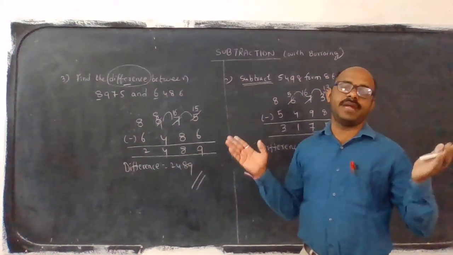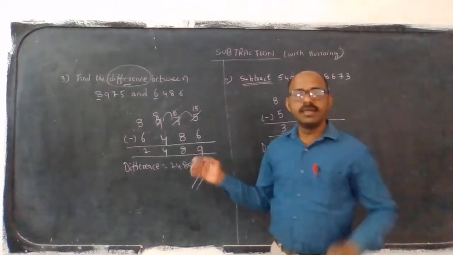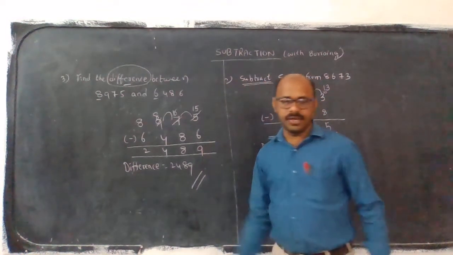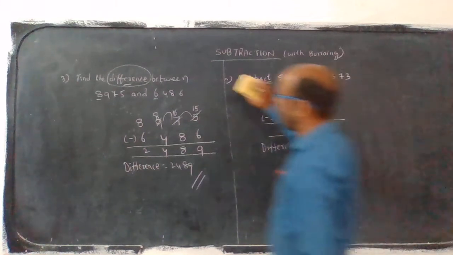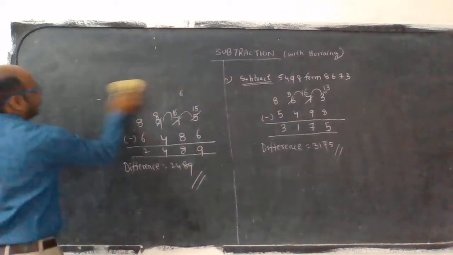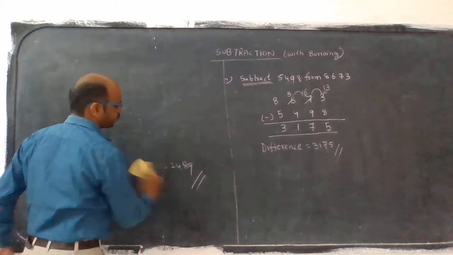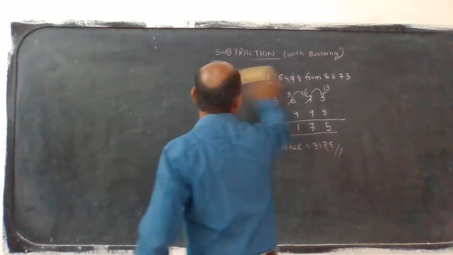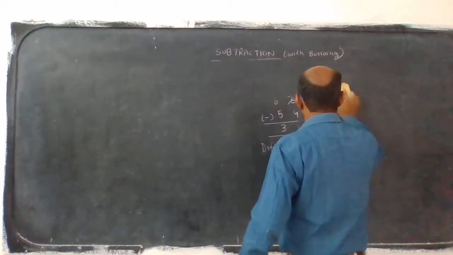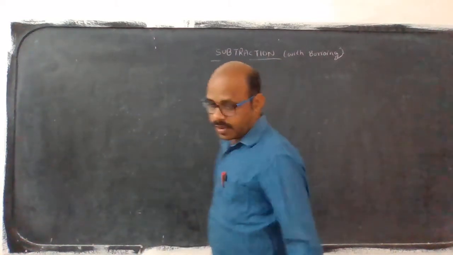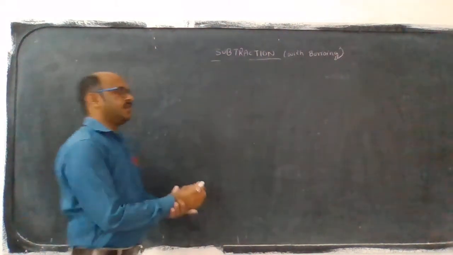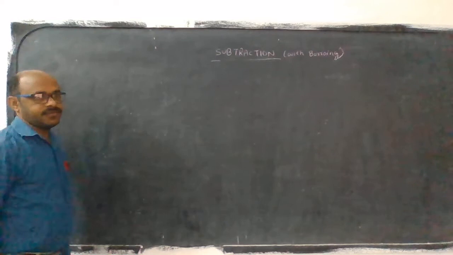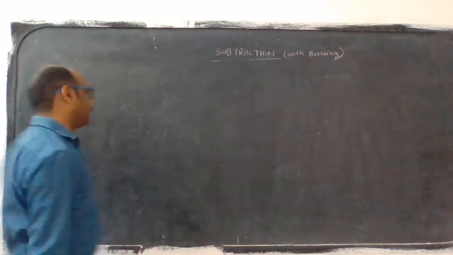I will explain one more. All are thinking children, maths is tough, but it is very easy for you. If you learn the grip of maths, it will be easy.